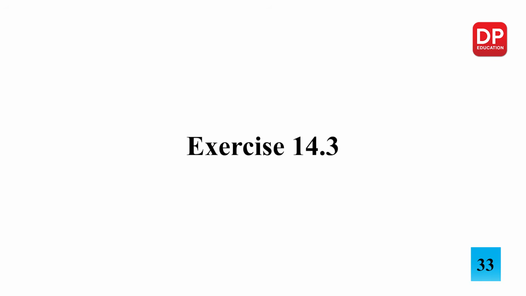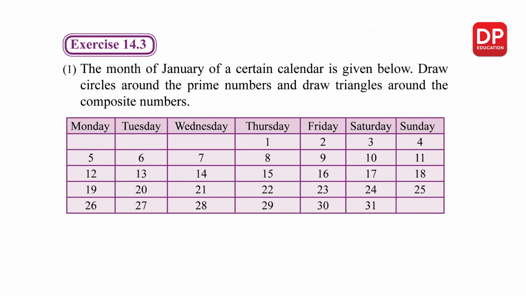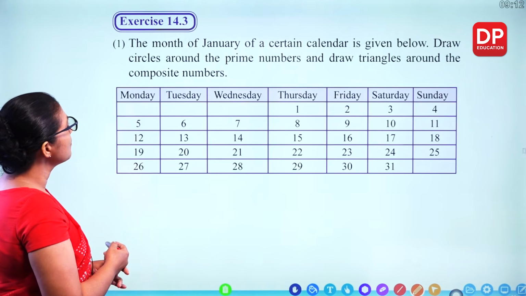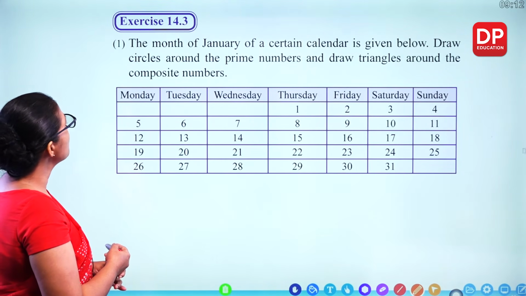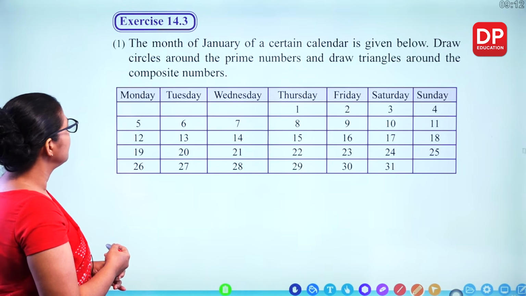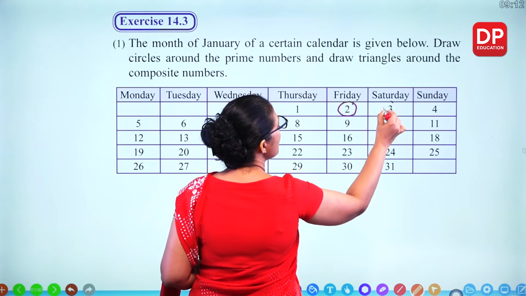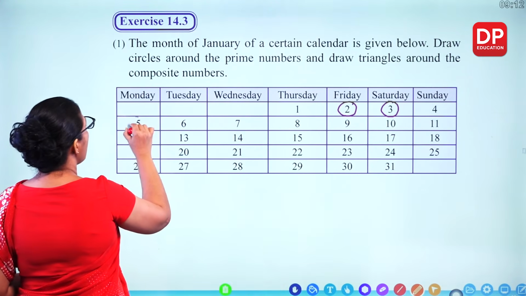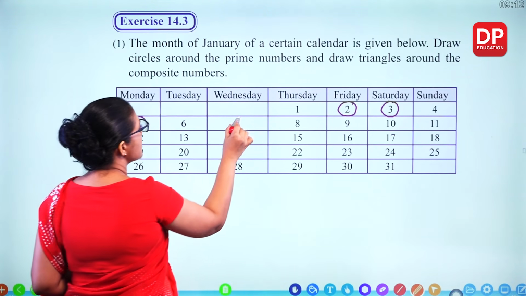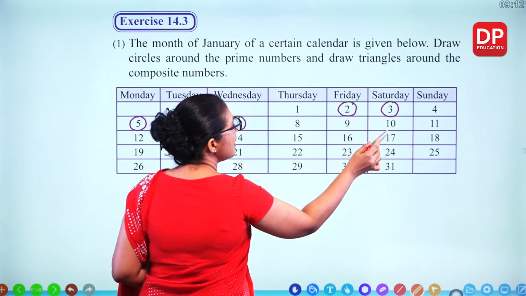Exercise 14.3. The month of January of a certain calendar is given below. Draw circles around the prime numbers and draw triangles around the composite numbers. So prime numbers, you have to draw a circle: 2, 3, 5, 7, 11.